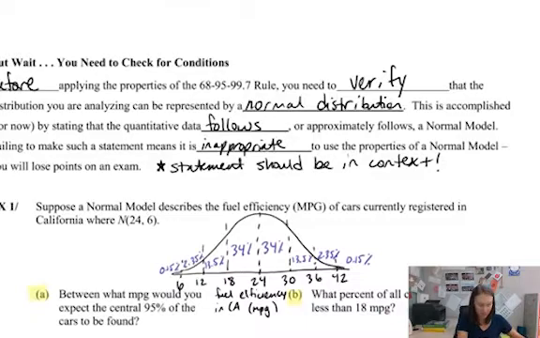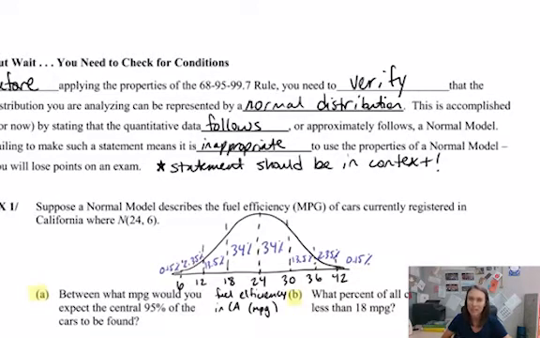Okay, on our next page, we have to be really careful about using the normal model. Not everything is a normal distribution. And in AP Stats, we want to make it very, very clear that we've met conditions before using anything that's specific to one certain distribution or type of distribution.